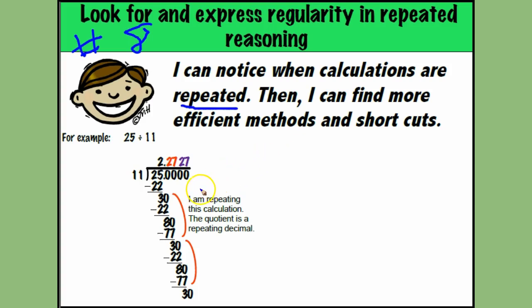They show you that when 25 is divided by 11, you get 2.2727, and here's a pattern. You come down with a remainder of 30, subtract 22, you have 80, subtract 77, 30, subtract 22, 80, subtract 77, 30. So that's that repeating. We are going to talk about repeating versus terminating decimals in our series this year. That's part of our math standards.